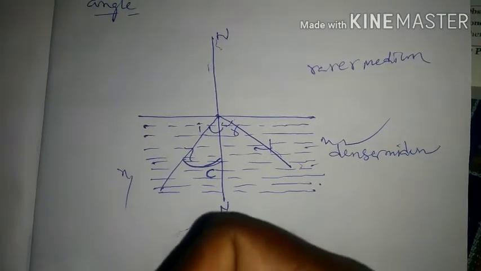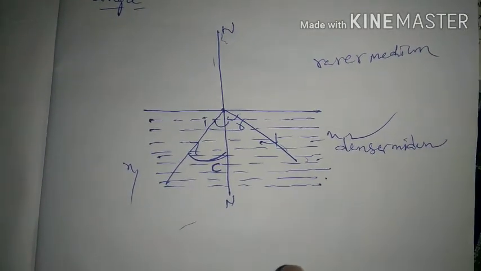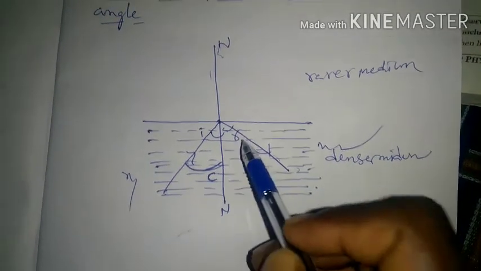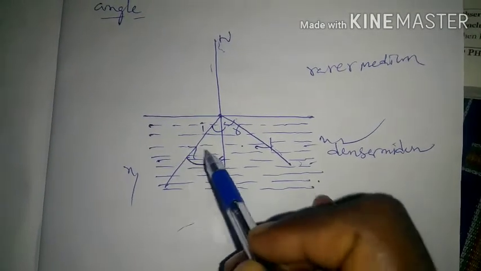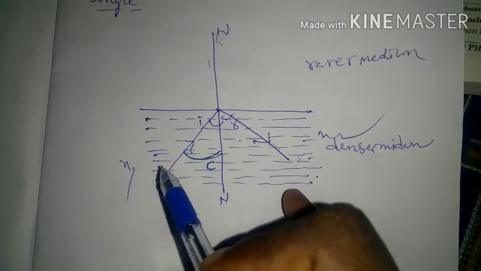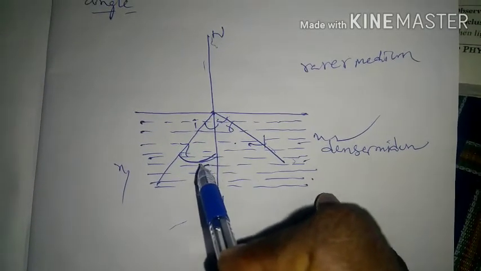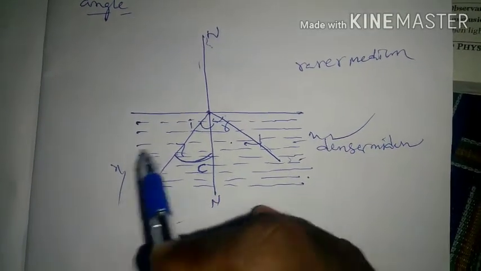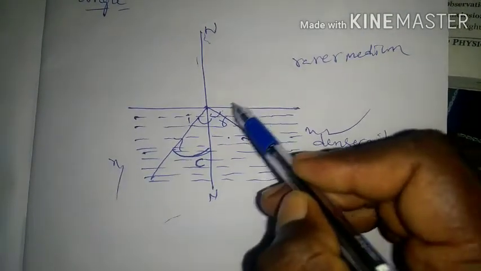We already found that the angle of refraction is more than the angle of incidence when light travels from denser medium to rarer medium.